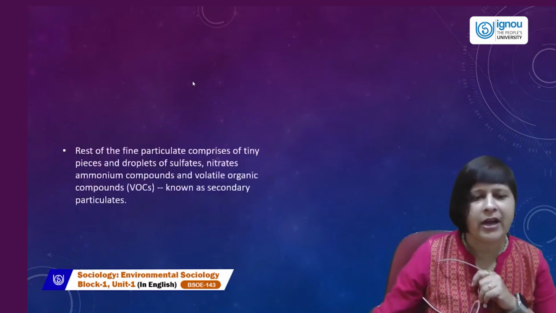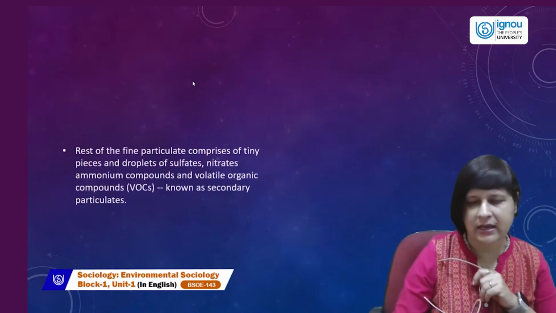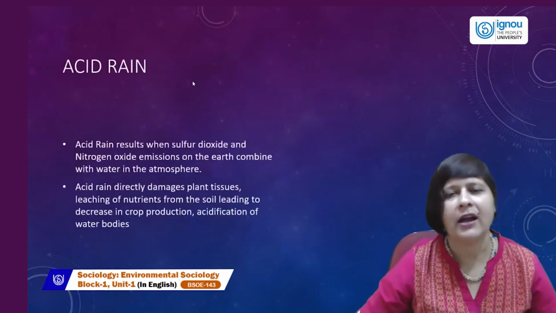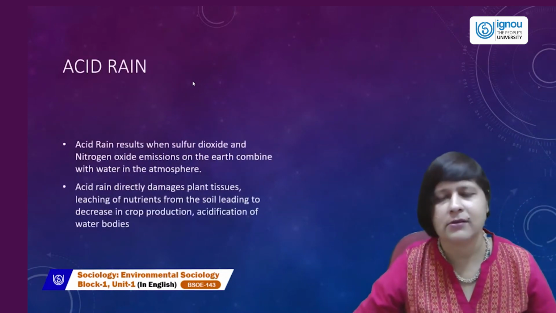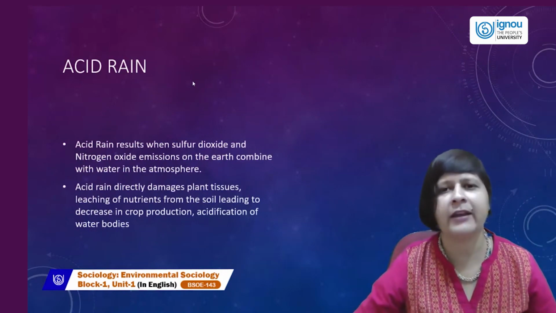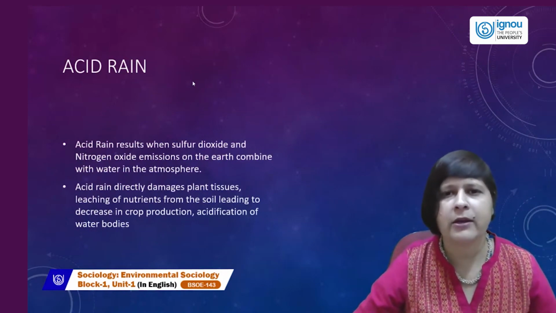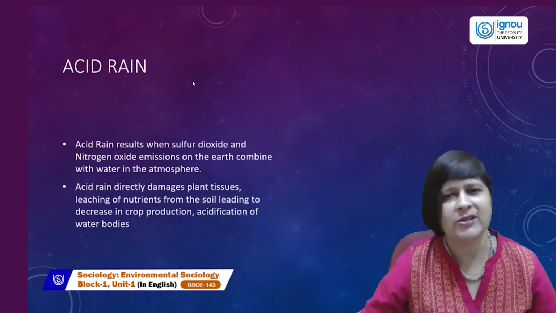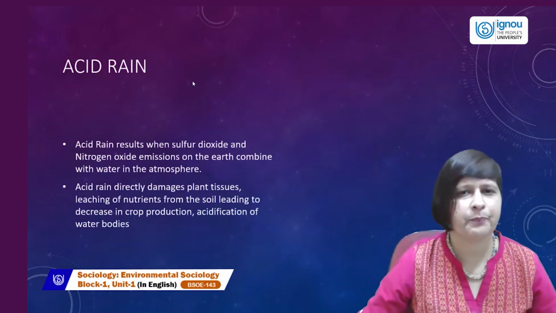The rest of the fine particulates comprise tiny pieces and droplets of sulfates, nitrates, ammonium compounds, and volatile organic compounds known as secondary particulates. This forms white smog, and it impacts human beings, animals as well as plants.